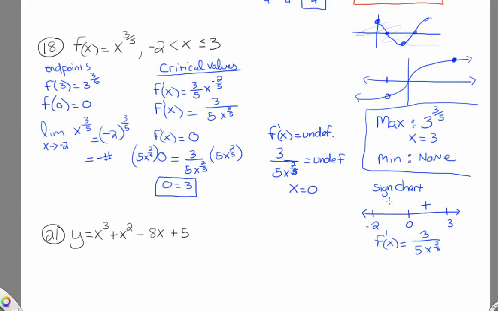So we have a positive divided by a positive, which tells me that as I was approaching 0, my slopes were positive. Then for some reason my slope at 0 is undefined, and then my slopes were positive as I left 0.